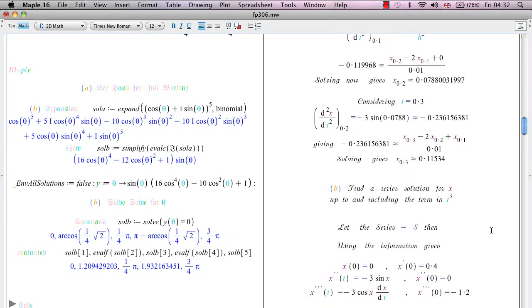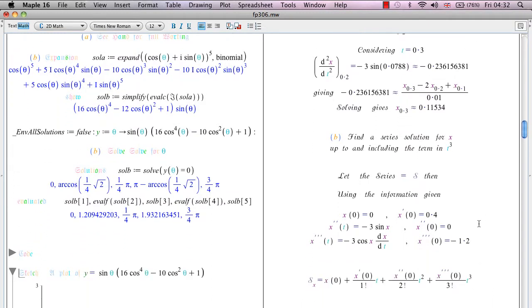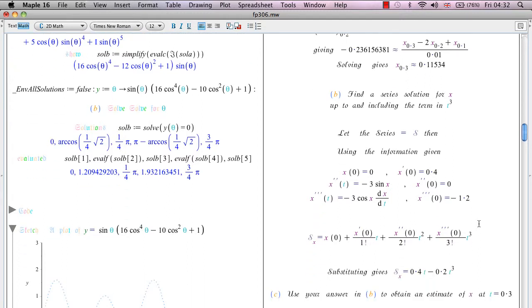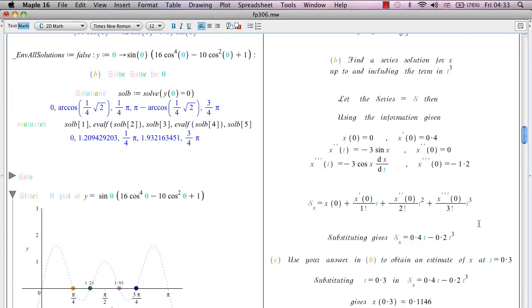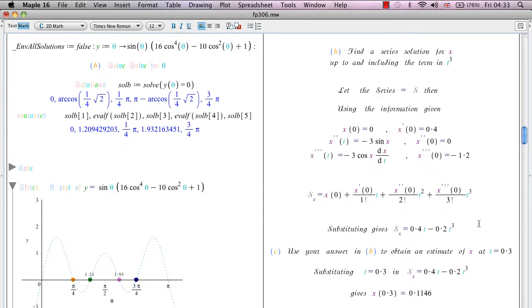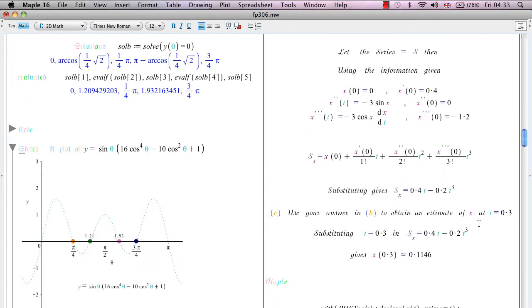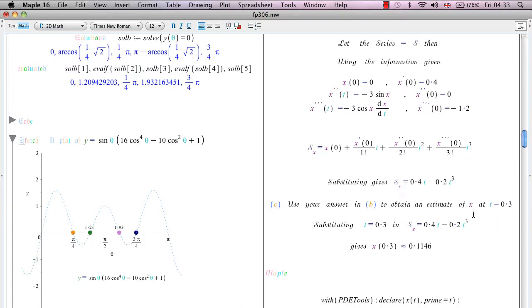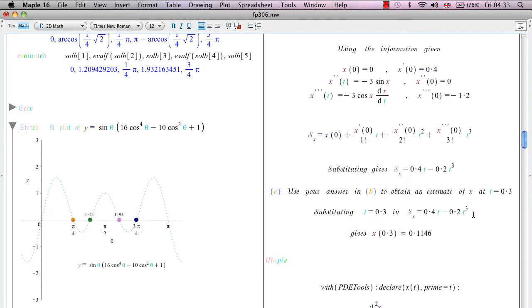So for a series solution, differentiating to 3 and substituting 0 and then applying the Maclaurin theorem gives the series required. And for an estimate of x at t equals 0.3, substituting in our series in B gives an approximation of 0.1146.